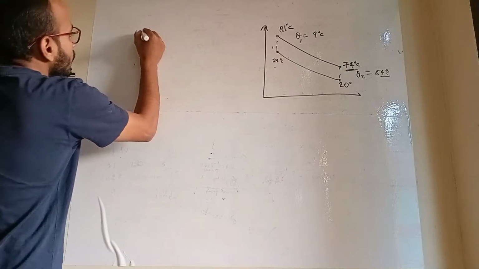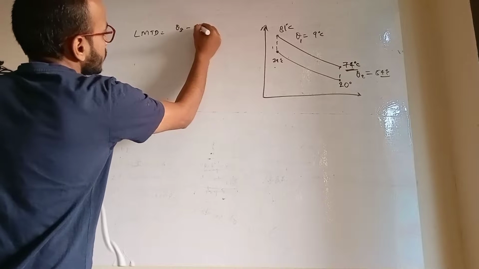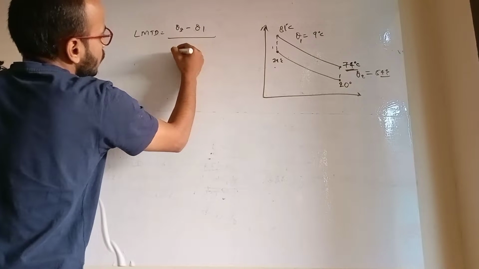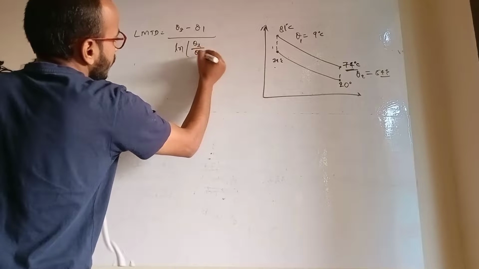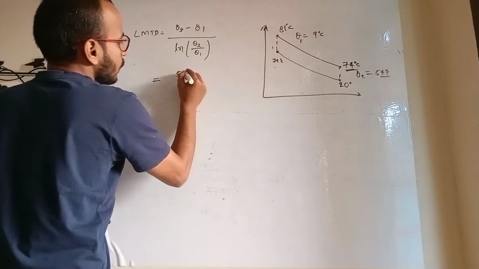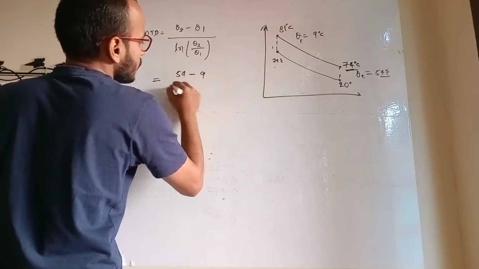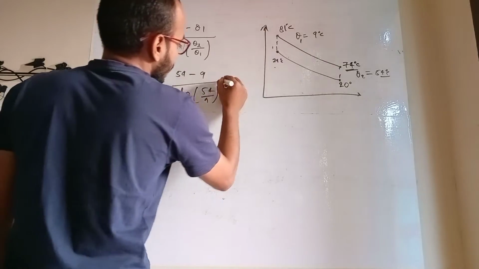So we will calculate the LMTD. I told you theta 2 minus theta 1. Here theta 2 is on top, so in the box also it will come upper side. Easy to remember. Theta 2 value is 54 minus 9, ln 54 divided by 9.